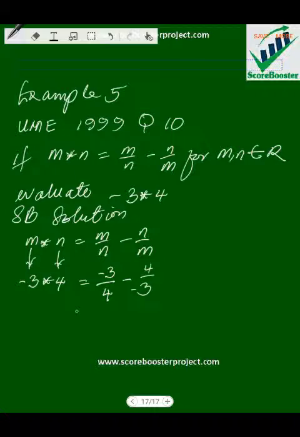So using your knowledge of mathematics, you're gonna have minus 3 over 4, this is minus minus, so you're gonna have plus, over 3. Find the LCM, do all the rationalization you know how to do, and from there you're gonna get 7 over 12, and this will be your final answer.